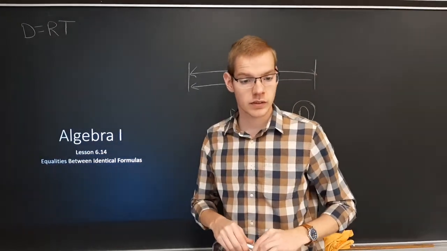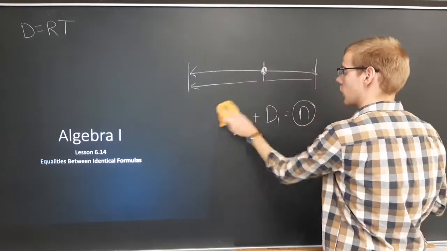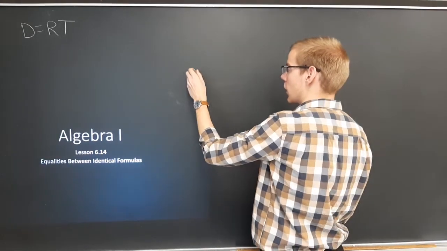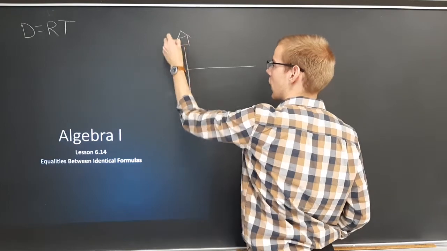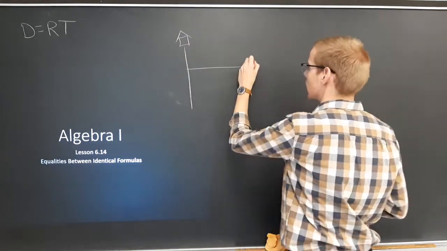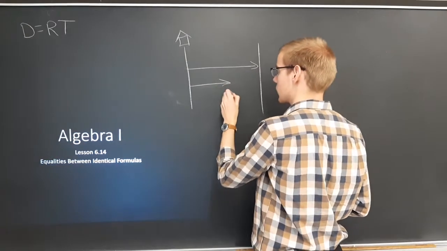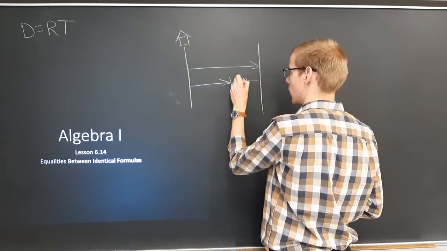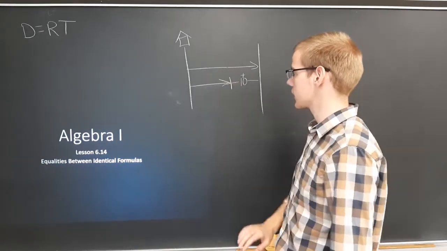And then there's another one, there's 4 of these. If we have this guy's distance, so we both start here, I'll just use home again. This guy's distance, he goes up to there. And this guy's distance plus 10 miles equals that guy's distance.